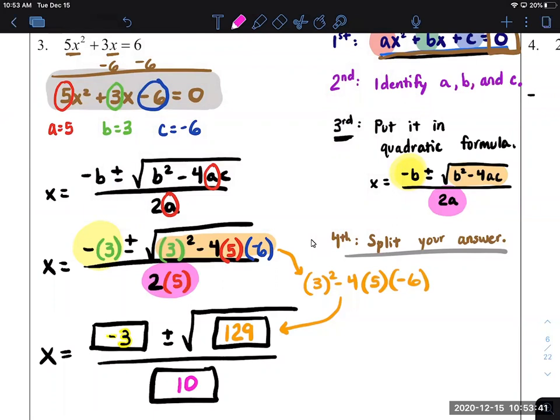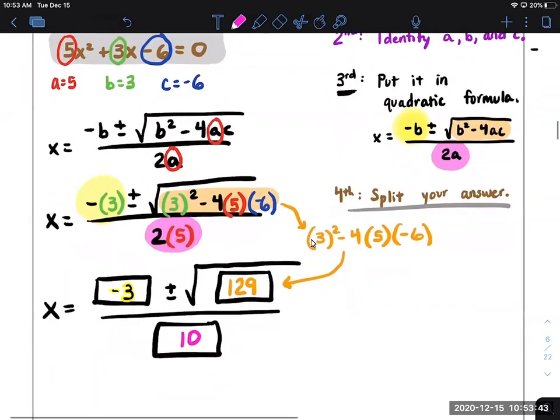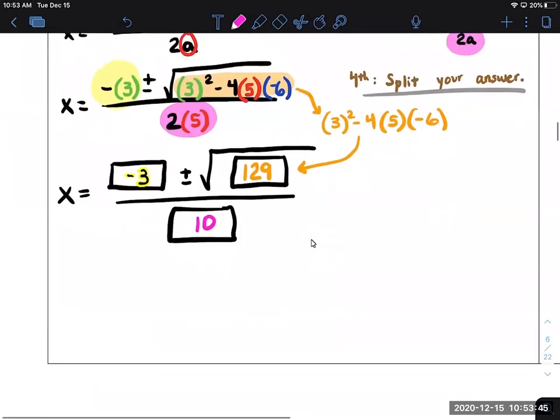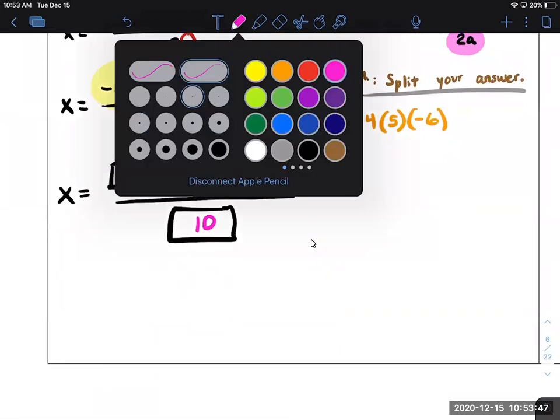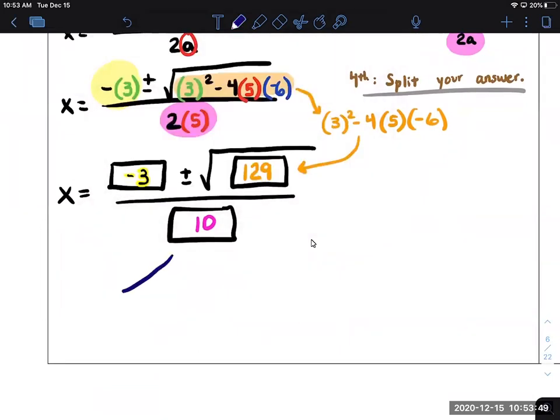So we got our quadratic equation all set up. Now we just need to split them apart to get our approximate answers. So I'm going to split these apart. Remember, one has the plus, one has the minus.